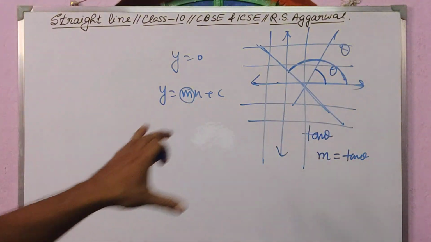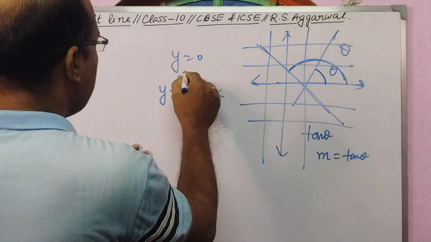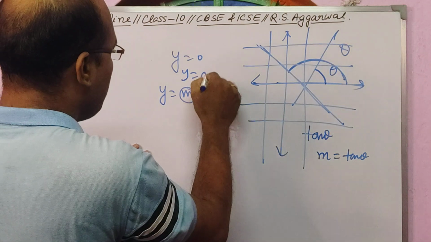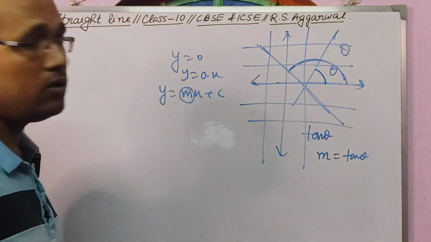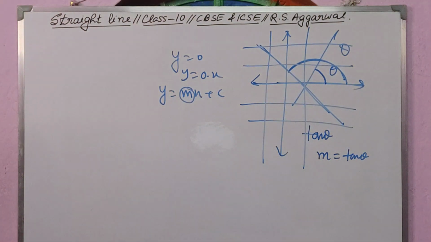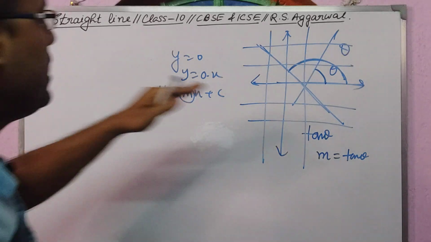Here this is 0 into x, so the inclination also will be 0, tan 0, which is 0. So the slope of any line parallel to the x-axis is 0.